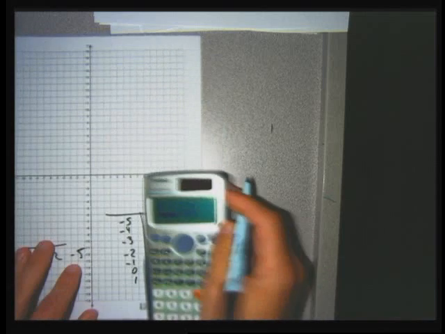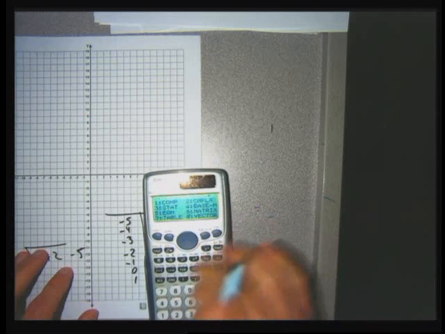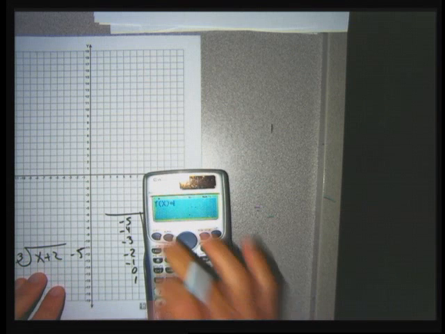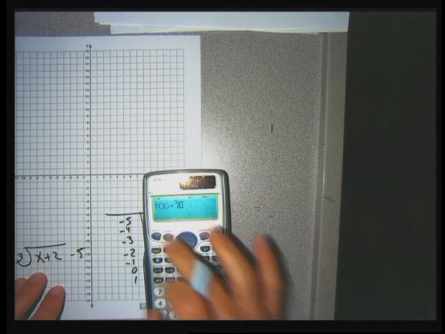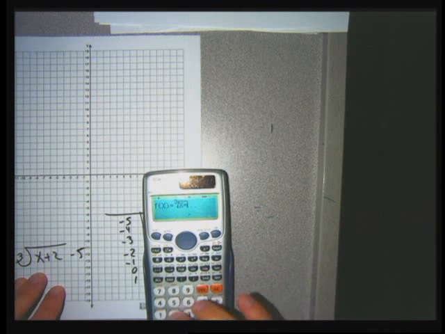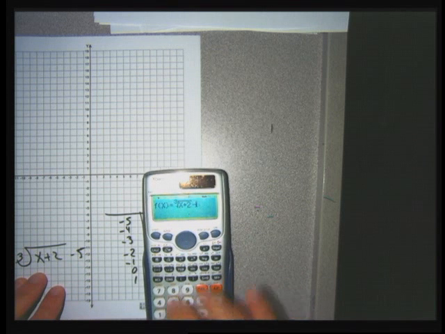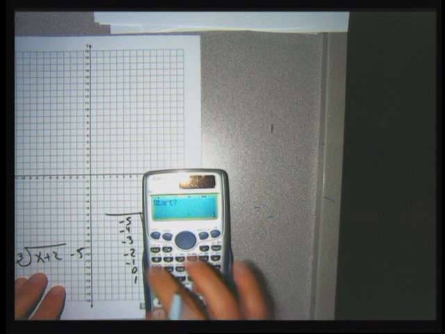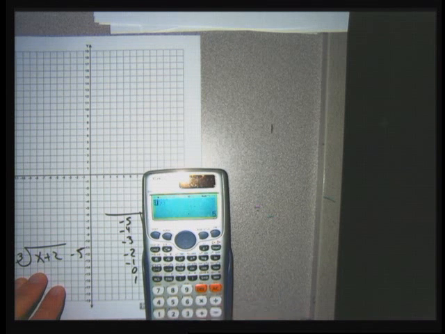And now my calculator, mode 7, shift cube root, x plus 2 under the radical, and then minus 5. Start at negative 5, end at 1, step 1.